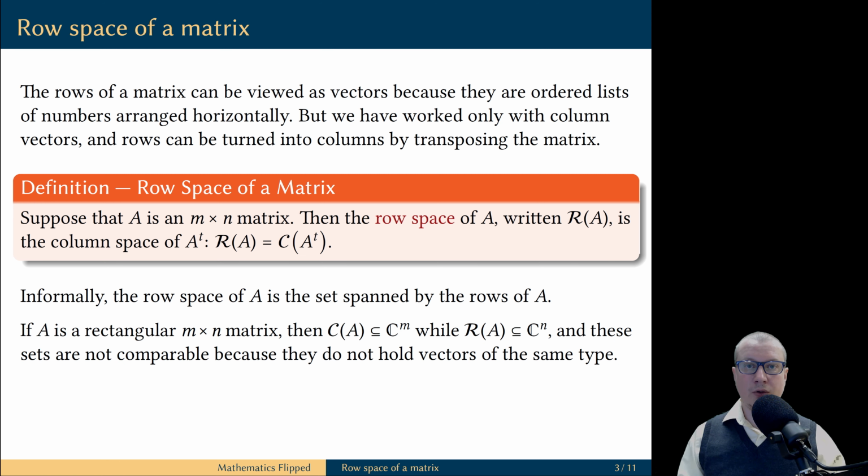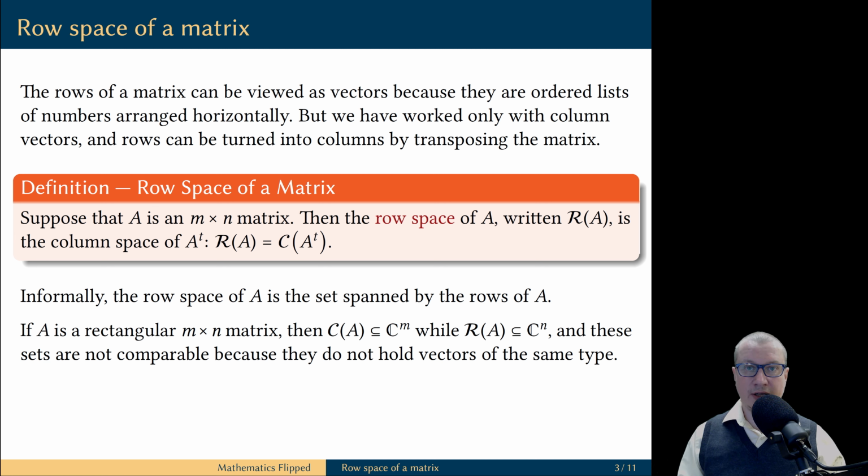Let's observe right away that the column space of a matrix and the row space of a matrix are usually different objects. For example, if A is a rectangular matrix of size m by n, then the column space of the matrix resides in Cm. It consists of vectors of size m, while the row space of the matrix resides in Cn.